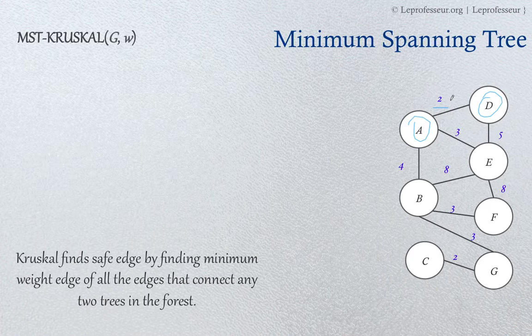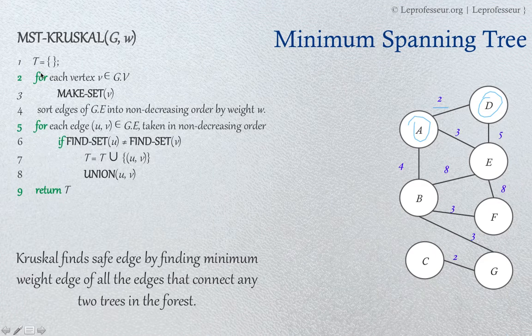So initially, as many vertices as you have in the graph, that many trees you will have, and then slowly those trees will be joined together as we keep finding the next minimum weight edge. So let's see how the algorithm works.